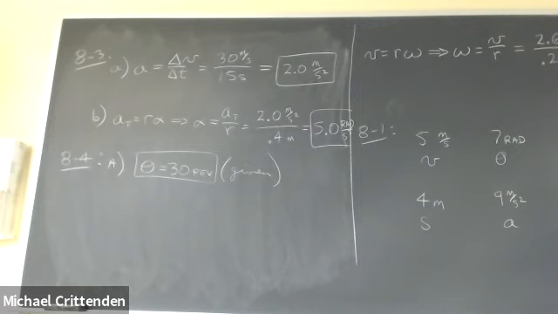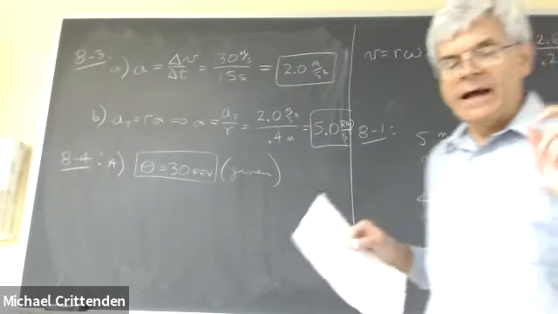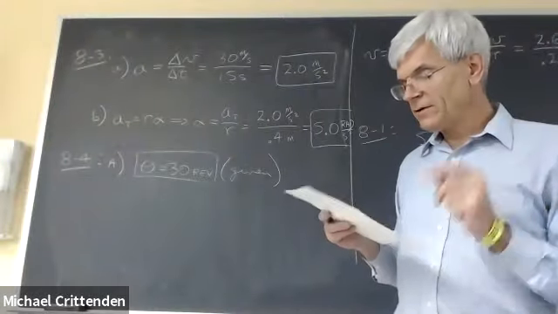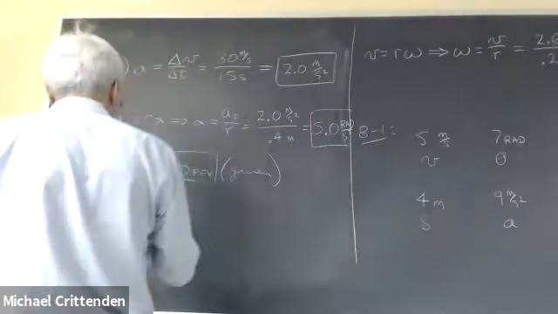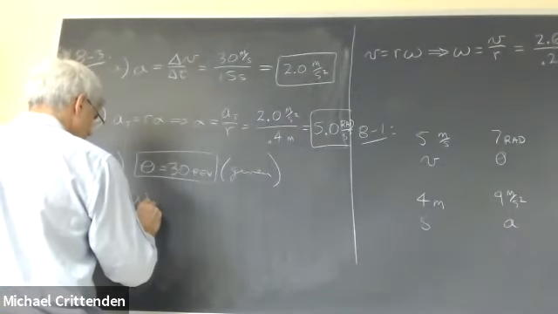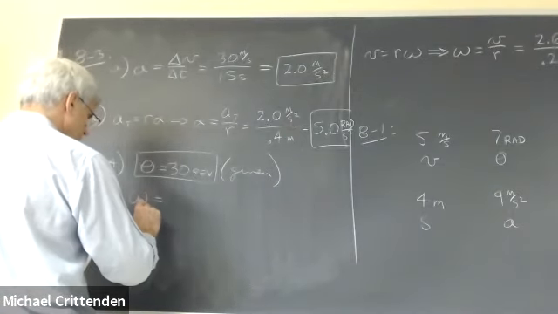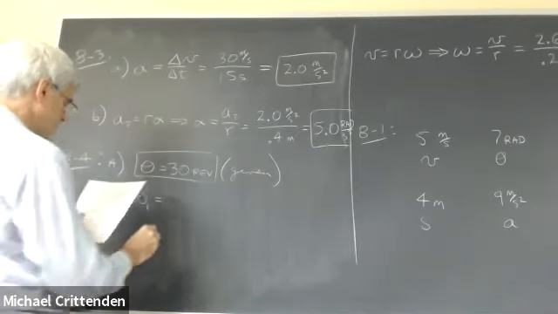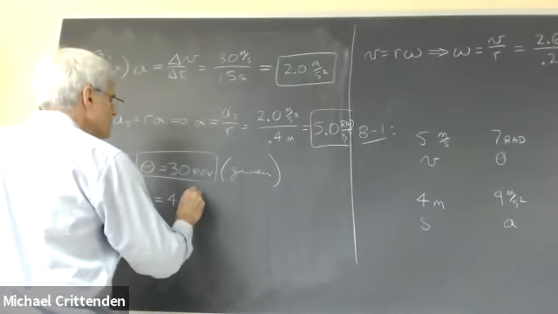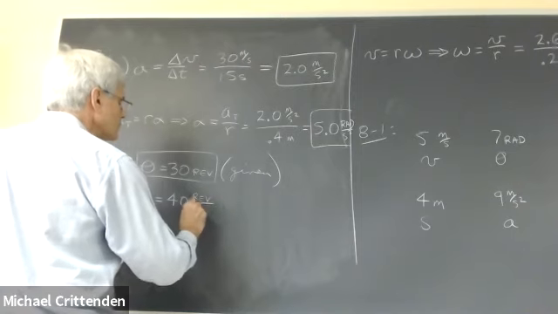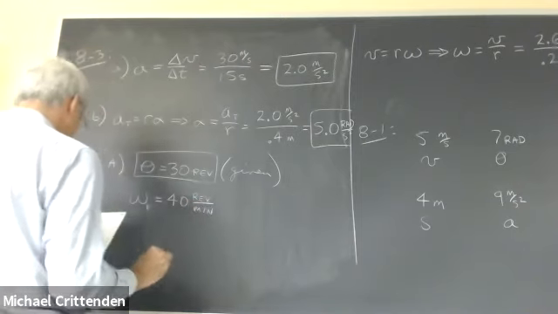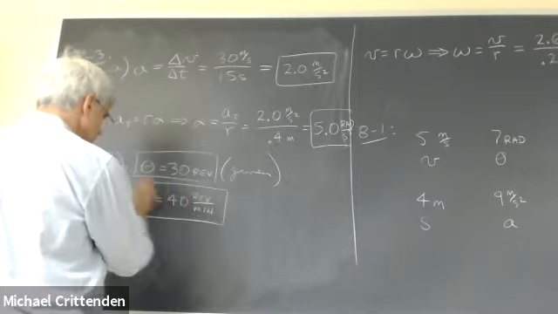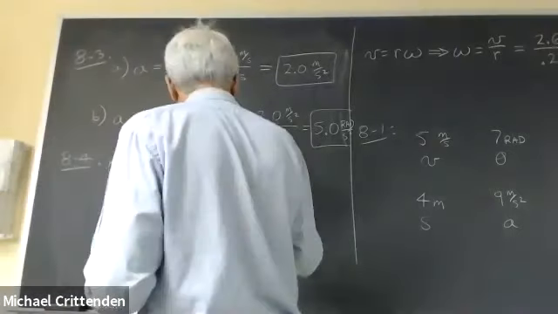30 revolutions after starting from rest, the wheel is turning at 40 revolutions per minute. So at the time that it's turning 40 revolutions per minute, its angular velocity is 40 revolutions per minute. Also given information.